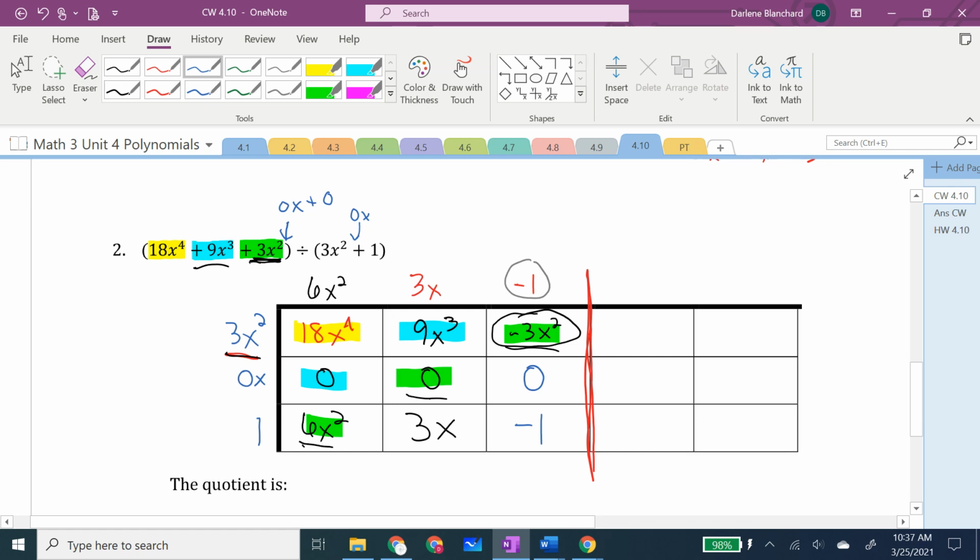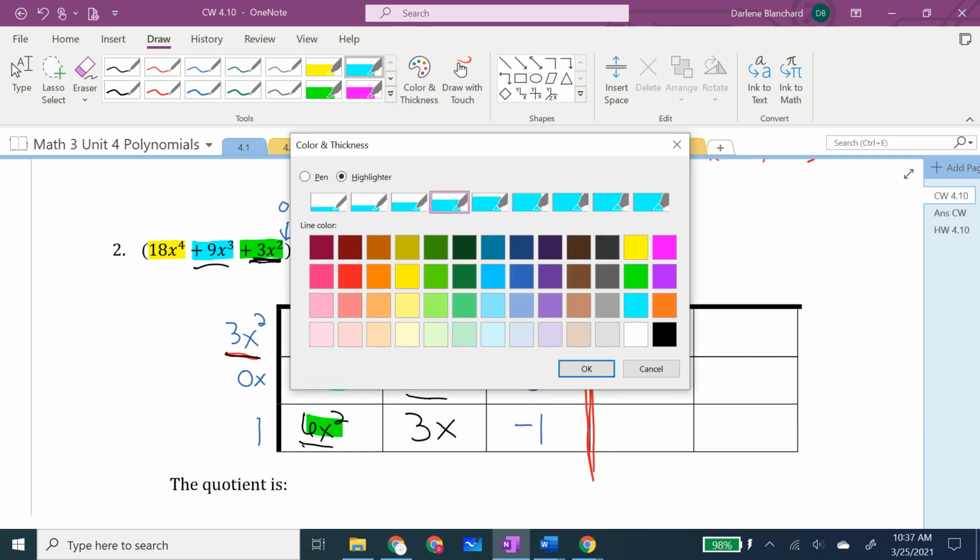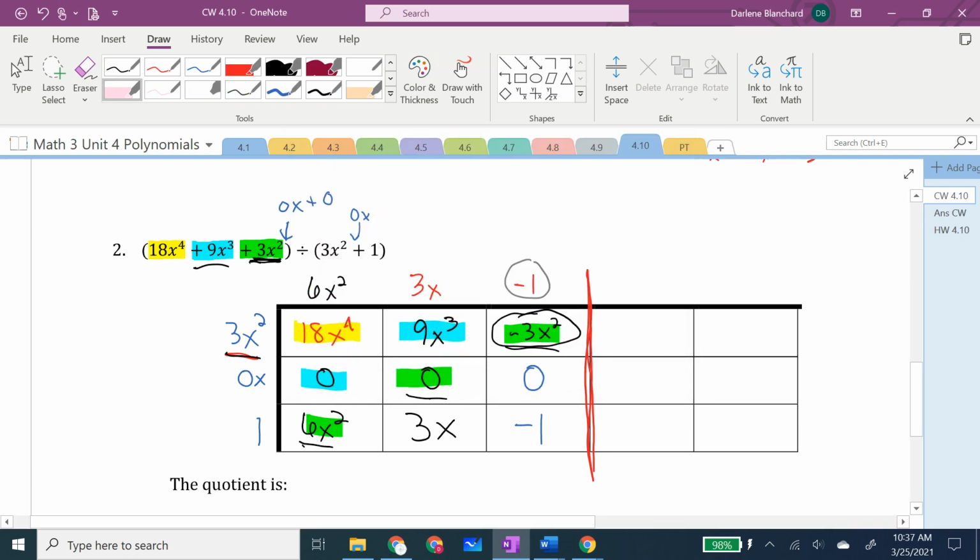Now, I only highlighted the yellow for x to the 4th, the blue for x cubed, and the green for x squared. I'm going to go to a highlight color pink to distinguish that my next diagonal underneath green are these three.